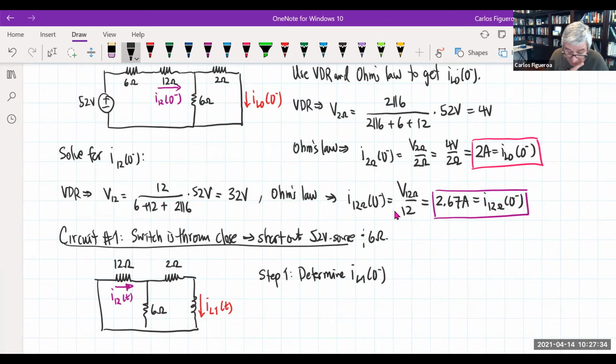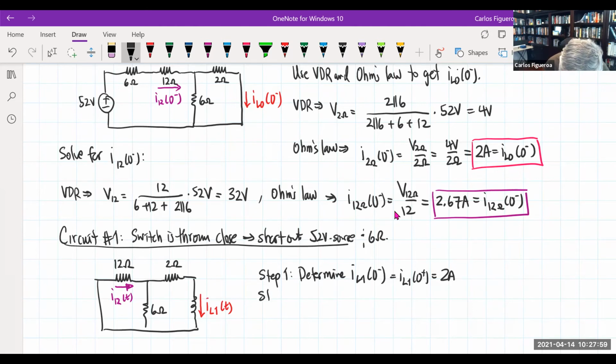So when I look at this guy, the initial condition is determined. We already know what it is. The inductor current cannot change. So if the inductor current cannot change, this guy at 0 plus must also be 2 amps no matter what. So I now know what the initial condition is.